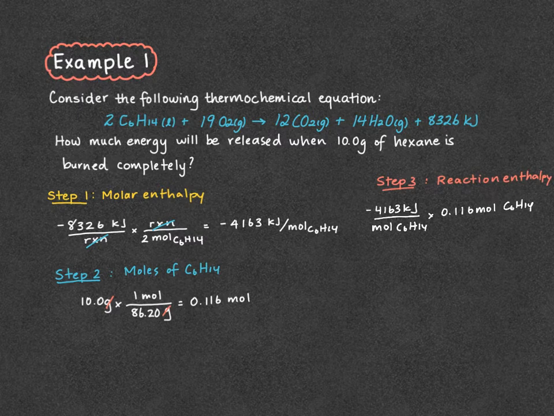And so that's going to cancel out the moles of hexane, giving us just kilojoules. And that gives us an enthalpy change of 482.9, so 483 kilojoules. So that's the amount of energy that will be released during this reaction.